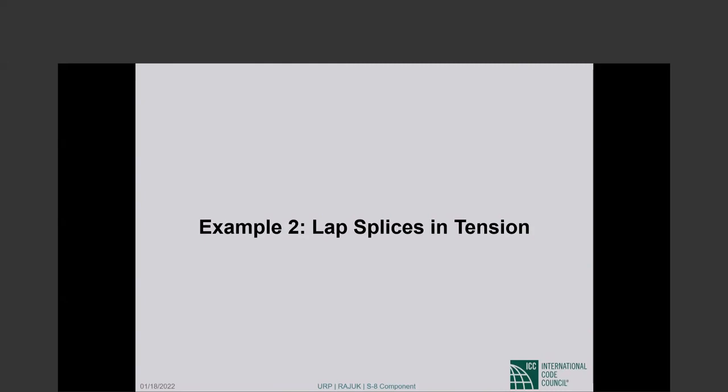Let me consult with both. The other two examples are shorter. Should we lump them with the question and answer session on Monday? Next Monday is when I'll do two-way slabs for flexural.